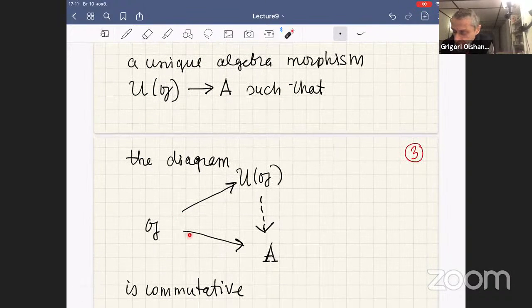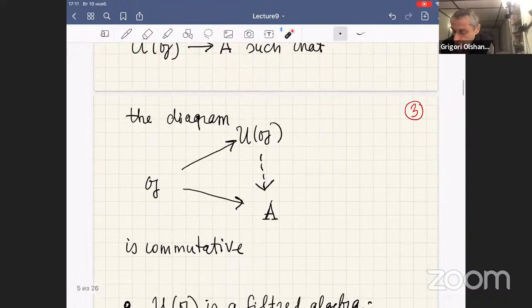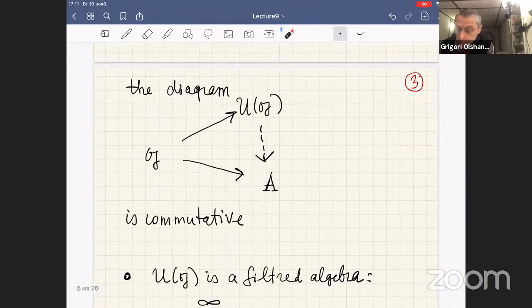So this is the initial data, this is the canonical map, and the property is that there exists this rho, and moreover, it's unique. Okay? So it is easily seen from the very definition that our construction produces the object with the desired property.